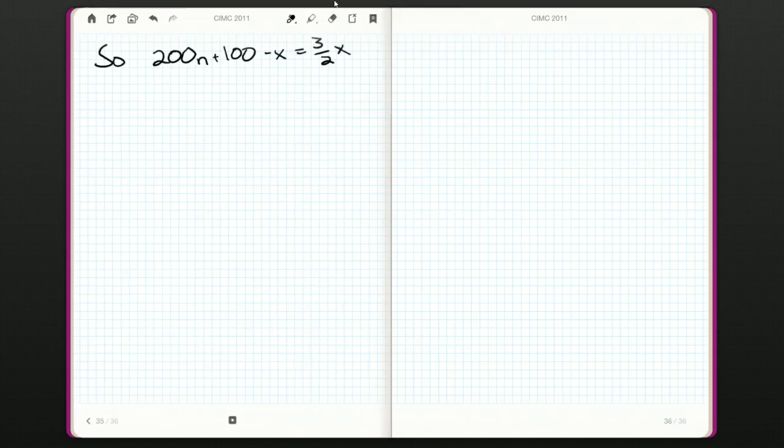Okay. The distance Betty has traveled is 3/2 times the distance that Alice has traveled. Okay. Well, do we know anything else? We also know that this is Alice's first lap of the pool. So we know that x is less than or equal to 100.